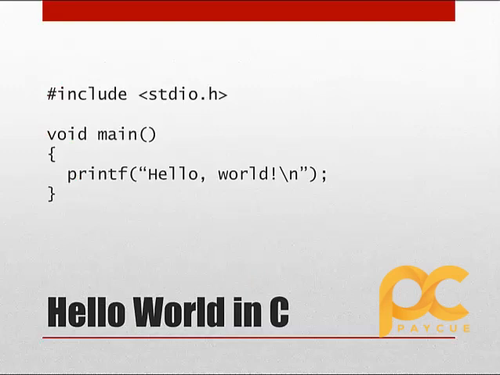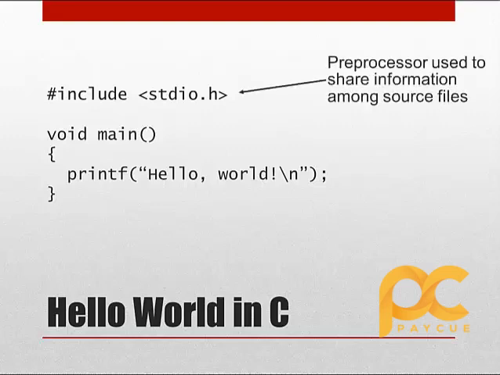Now, let's have a quick look at a Hello World program in C. This is a valid and very small Hello World program written in C language. First, let's go to the preprocessor. #include <stdio.h>, where stdio.h means standard IO header, is a preprocessor directive used to share information among source files.